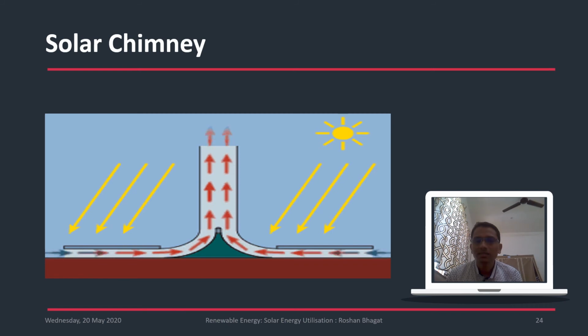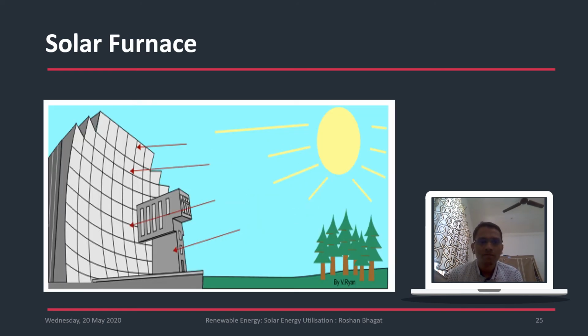So a chimney-like structure is always required, but it should be a flexible, floating kind of chimney. Constructing this chimney is quite difficult, but still this is one of the alternative sources from which electricity can be generated. So this is an example of a solar chimney.